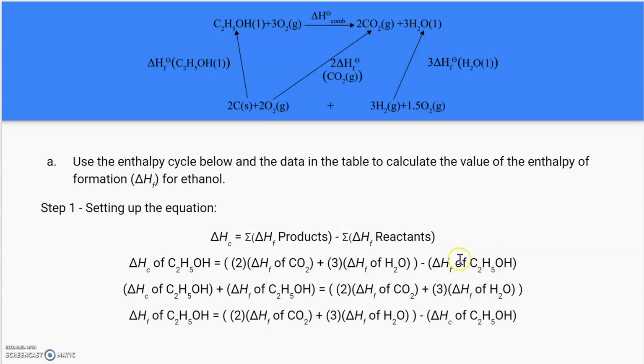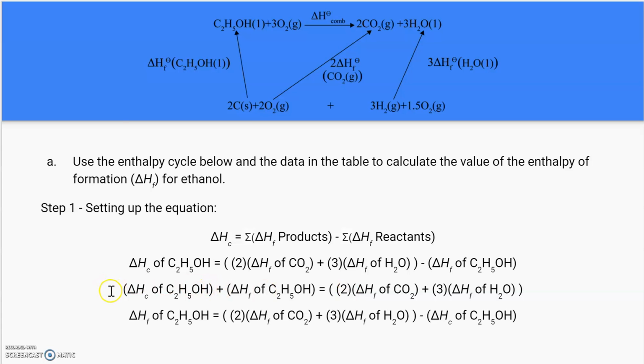Now, we want this enthalpy of formation of ethanol. So we need to isolate this in the equation. For that, we take it and pass it to the other side as a positive. So we have that the enthalpy of combustion of ethanol plus the enthalpy of formation of ethanol will equal the sum of the enthalpies of formation of the products.